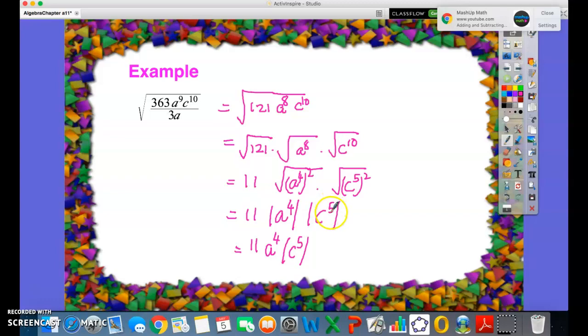But if the exponent is an odd number, you need to make sure that you keep the absolute value symbol. So that's basically it.